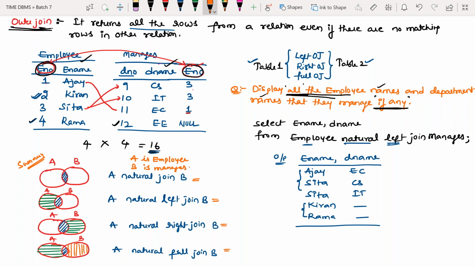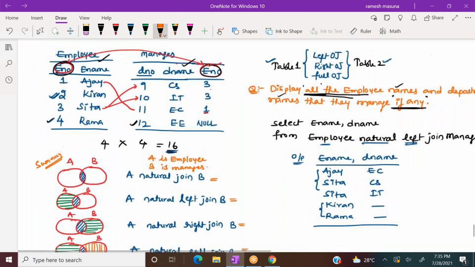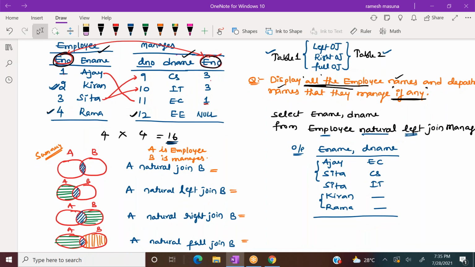Take one minute and solve it quickly, because I'm assuming A is employee, B is managers.